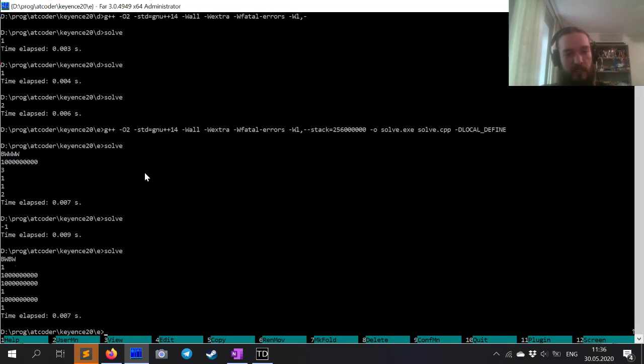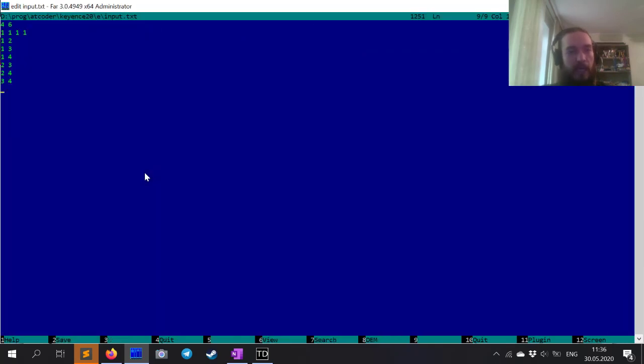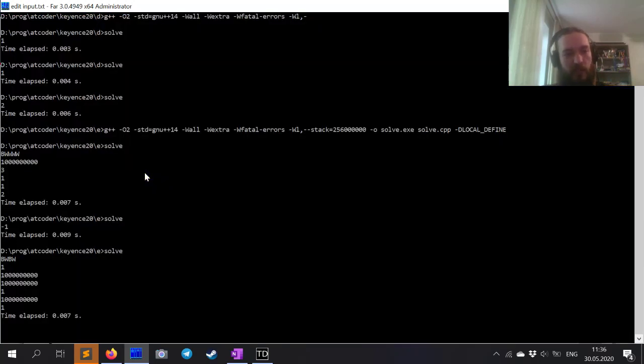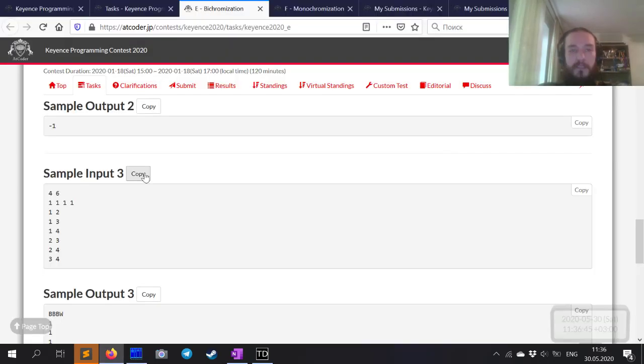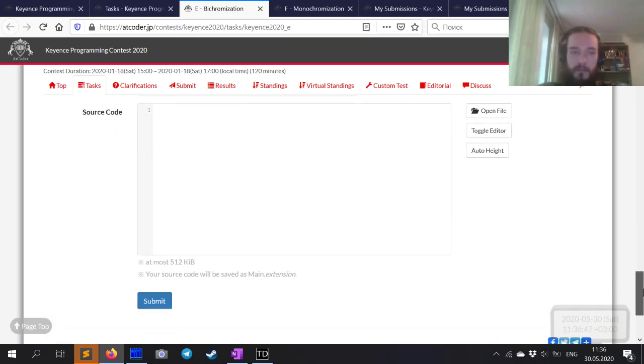So what this does is it paints edges 1, 2 to 3 and 3, 4. It puts weights 1 on them, and it also colors them alternately. Yes, and this works nicely. So I think this should be it.